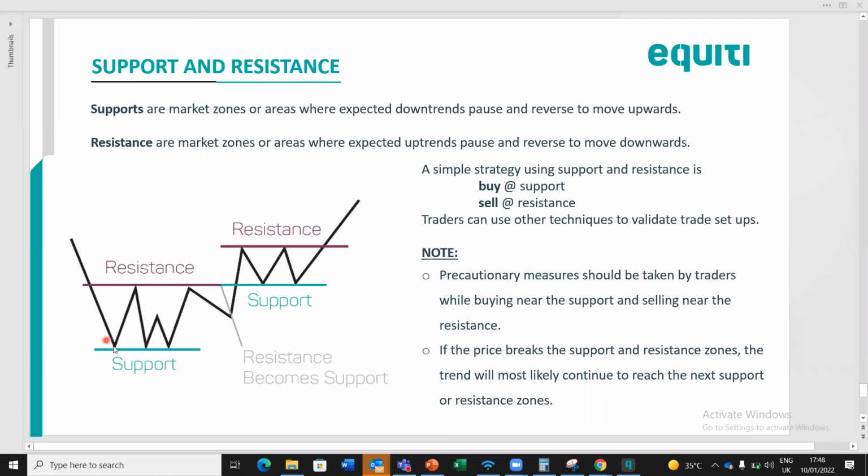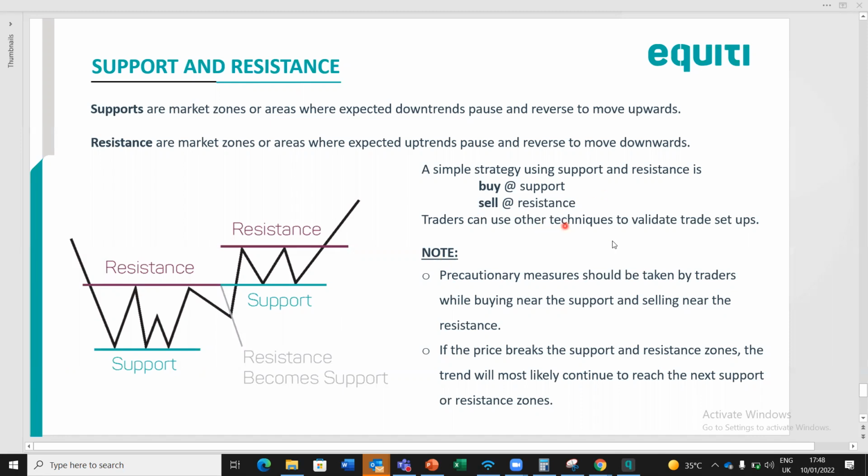Why do we buy at support? If we buy at this price level, which is this price support here, we know that prices will do what? Appreciate, right? So we buy at this point so that prices can appreciate for us to make profits. And then we sell at resistance so that prices can depreciate for us to make profit. So buy at support, sell at resistance.